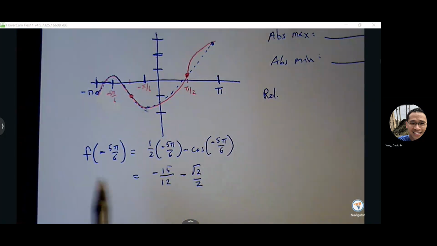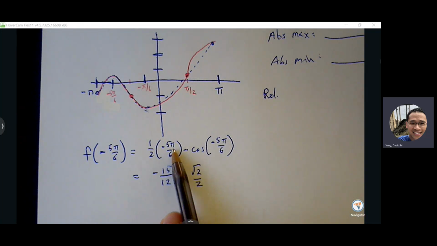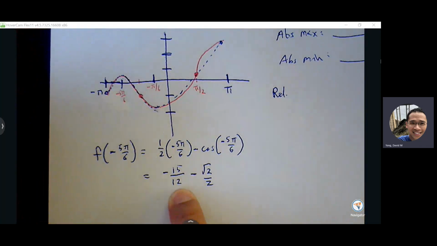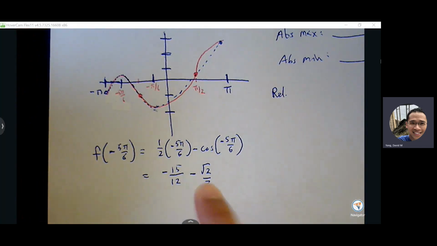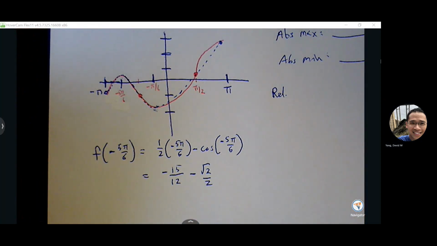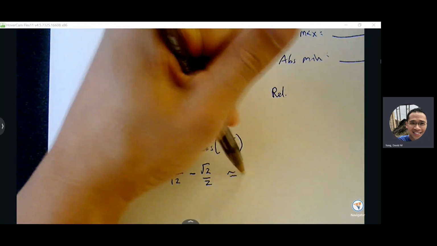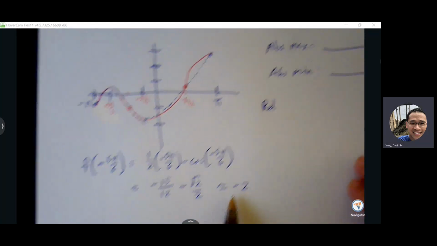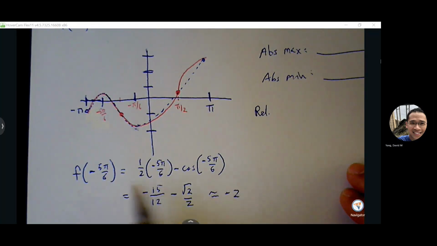15 right there, I did 5 times 3. Oh, okay. Yeah, every time I see pi, I'm just going to think in terms of approximations. So this is like negative 1.1 minus 0.7, so that's around negative 2-ish.